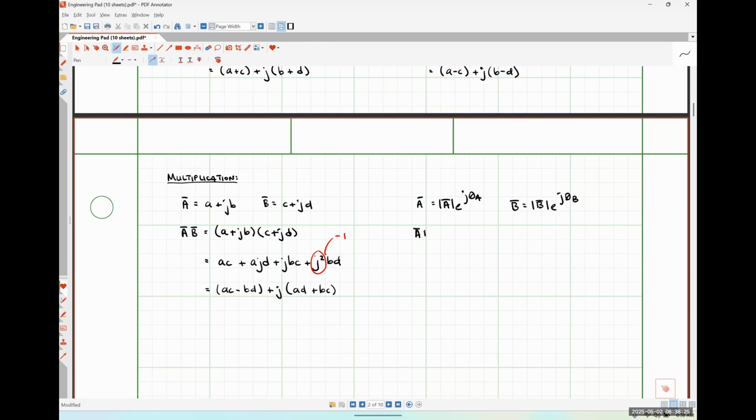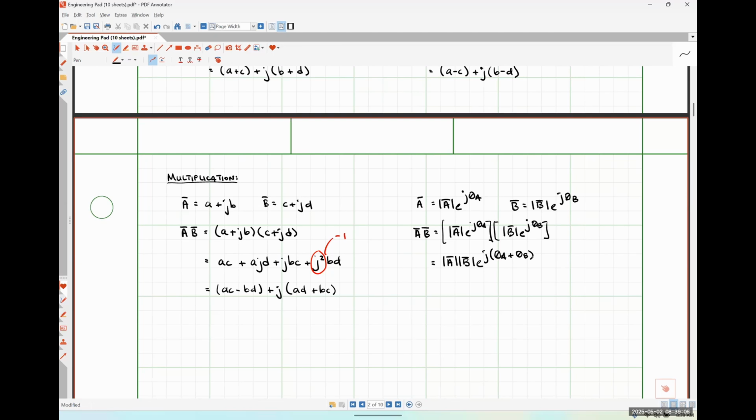If I multiply these together, I'm going to get the magnitude of A, e to the j theta A, multiplied by the magnitude of B, e to the j theta B. The magnitudes are just going to multiply, so I'll have the magnitude of A times the magnitude of B, and then e to the j theta A plus theta B, because when I multiply two exponentials together, their arguments just add.